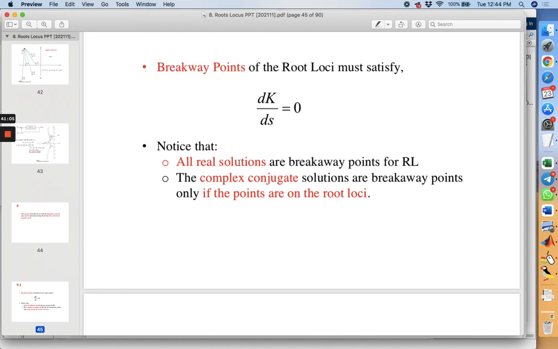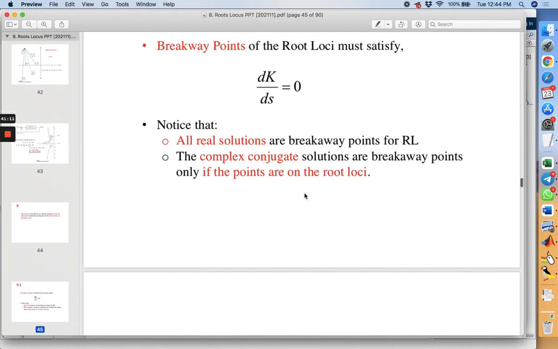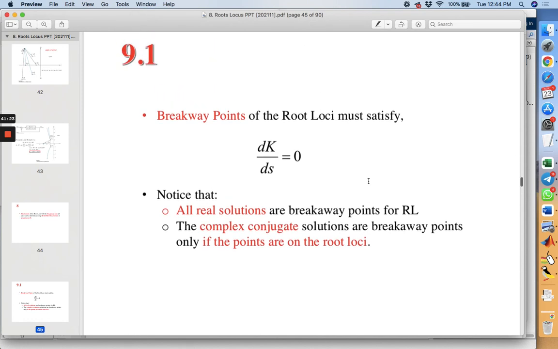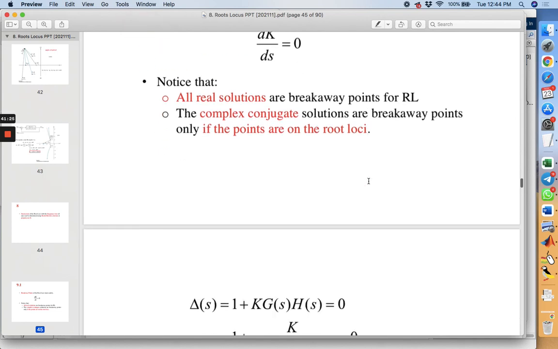We might also find complex conjugate solutions, but these are breakaway points only if the points lie on the root locus. Again, we will revisit these properties in the examples.